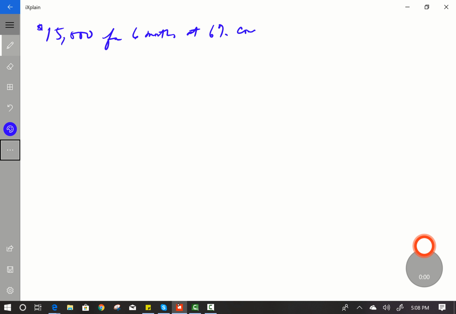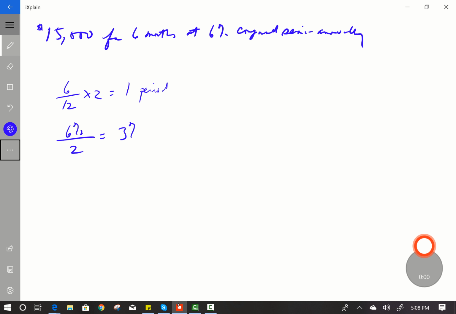It's compounded semi-annually. So therefore, it's 6 months in 12 months times twice a year. The number of times it's compounded each year is equal to 1 period. And then it's 6% divided by twice a year, which is equal to 3%.